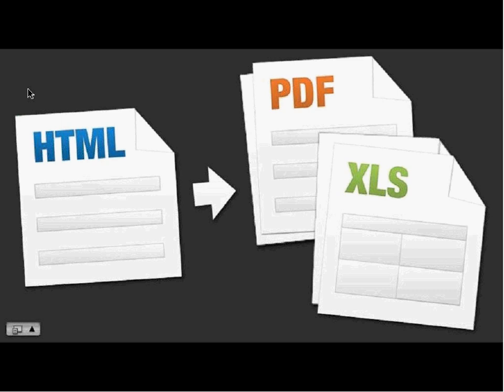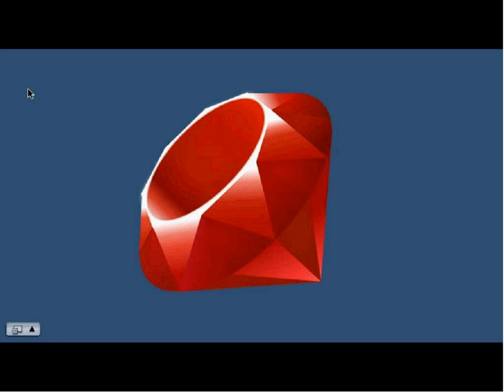So why did we make it? Well, we were in Ruby, and Ruby as a programming language was sometimes lacking in libraries, especially low-level stuff, like let's make an Excel document from scratch.